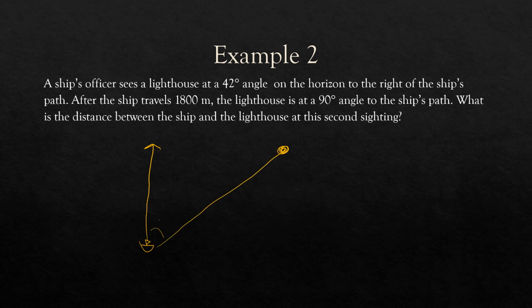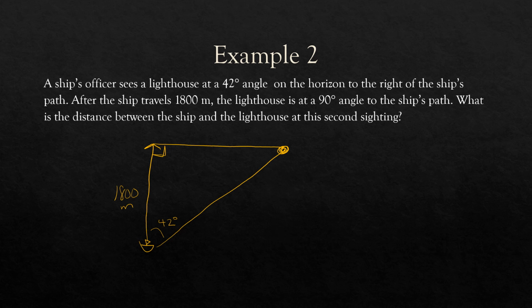So this right here, 42-degree angle to the right of the ship's path. So if the ship is going straight up, then to the right would be 42 degrees over is where we see the lighthouse. Now the ship travels 1,800 meters. And then it is directly making a 90-degree angle here to the lighthouse.